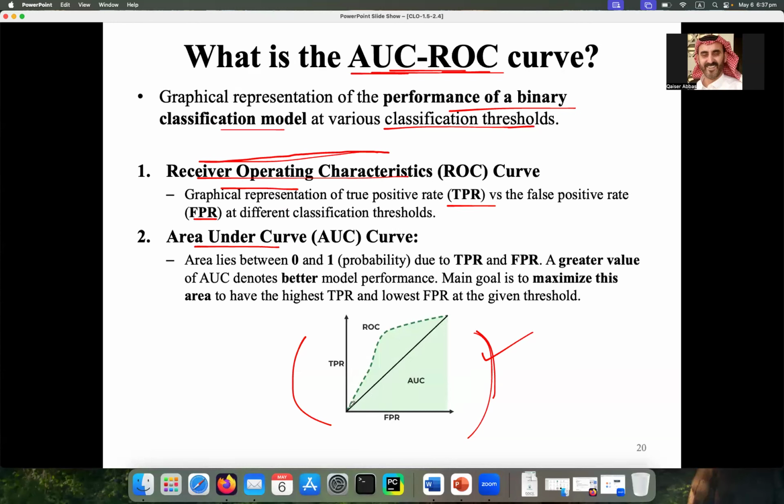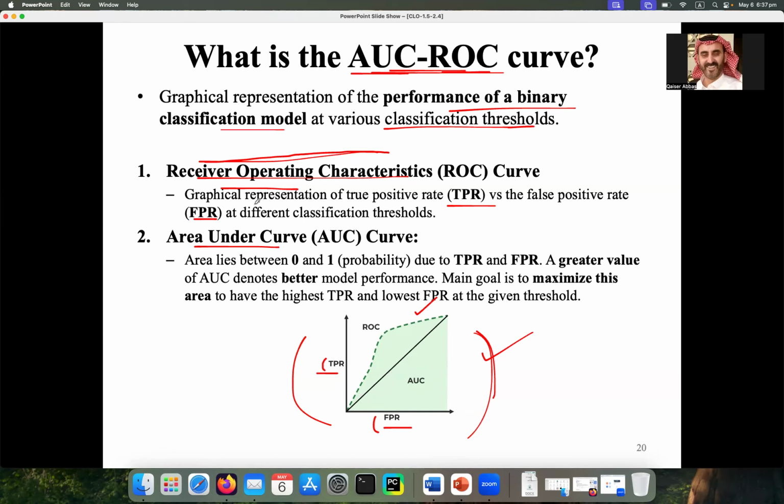On the x-axis you have FPR, on the y-axis you have TPR. And then you can draw this curve. This is called ROC, and the area under it is called AUC.